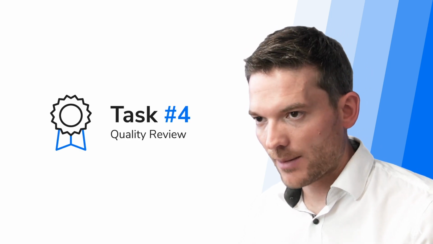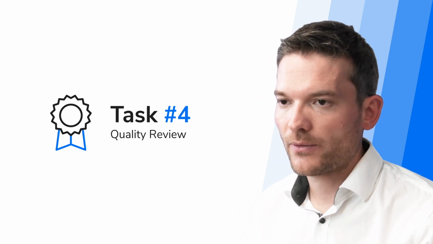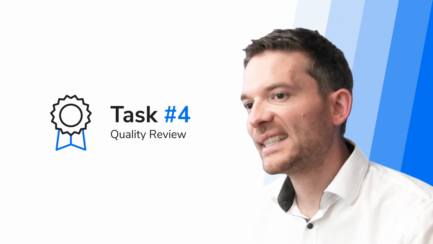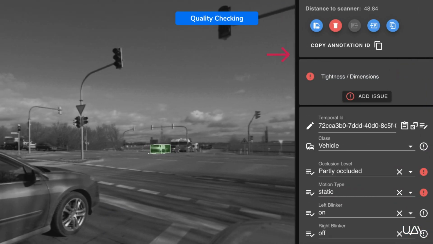Now you have a full annotation which is nicely describing the object. But that's still not enough. There's at least one more step which is absolutely important. To achieve desired quality levels, we have a second person looking at each of those annotations and making sure that it's actually a correct one, so that it is of high enough quality.